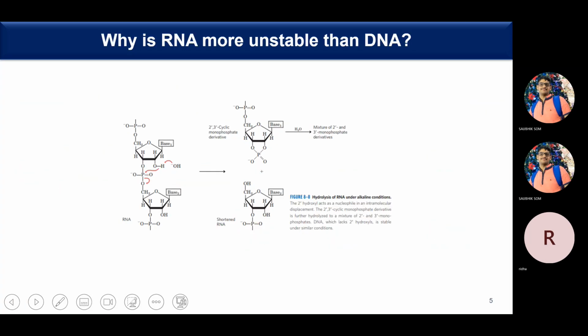There is one concept: while we handle RNA, RNA is very much prone to degradation. There are two reasons. One is the RNA-degrading enzyme, RNase A. This is a very stable enzyme.